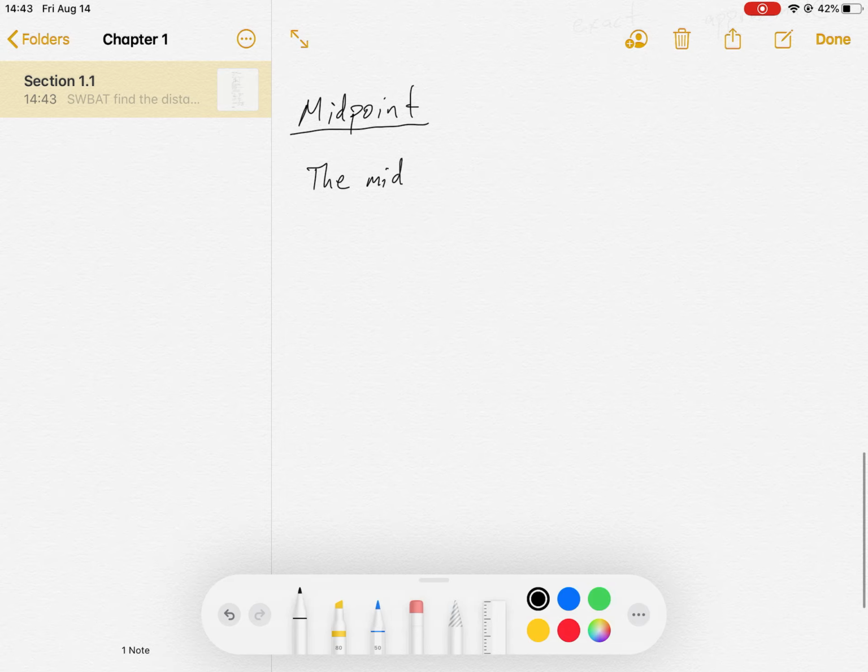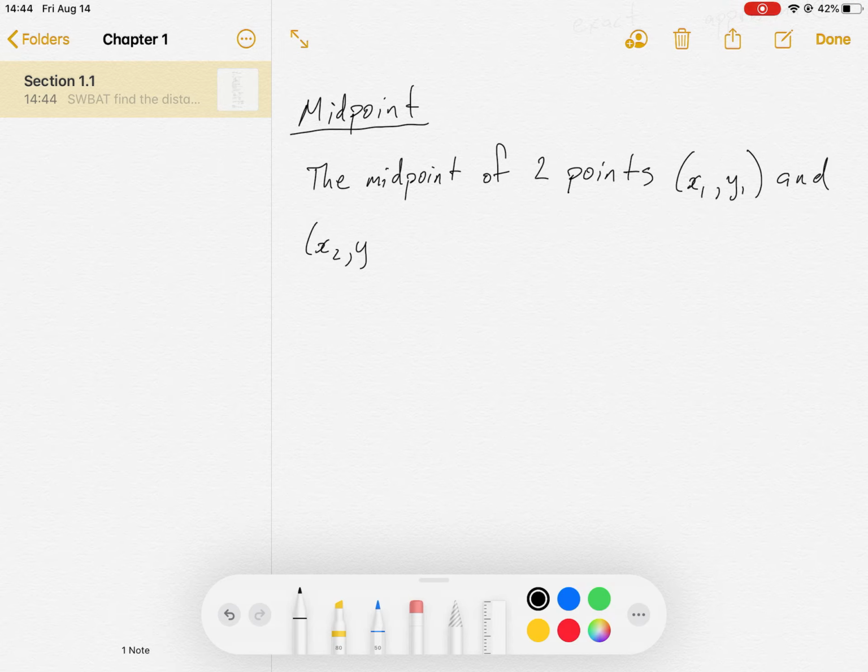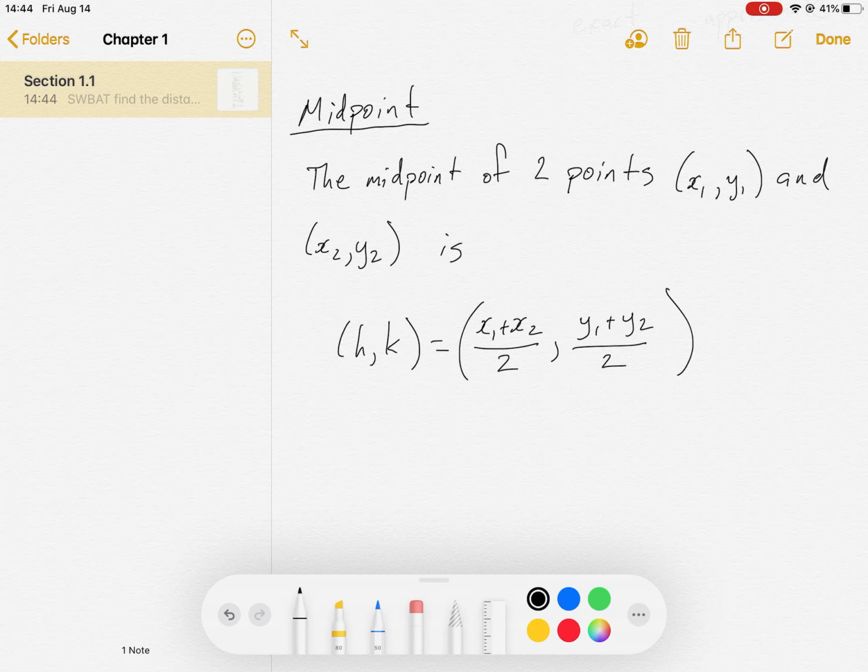The midpoint of 2 points x1, y1, sorry about that, hit the home button, and x2, y2 is given by this formula, h, k, where h is actually the average value of the x's, and k is the average value of the y's.